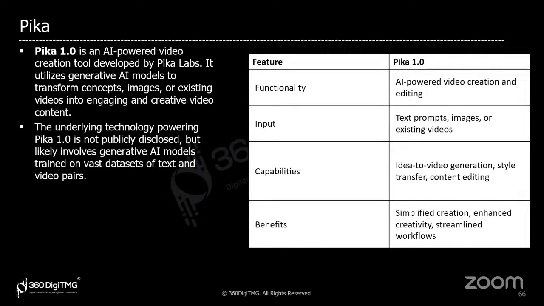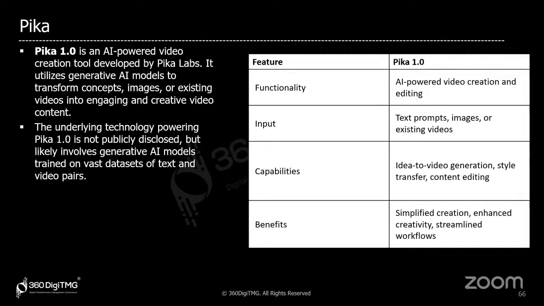The underlying technology powering Pika 1.0 is not publicly disclosed, but it likely involves generative AI models trained on vast datasets of text and video pairs.